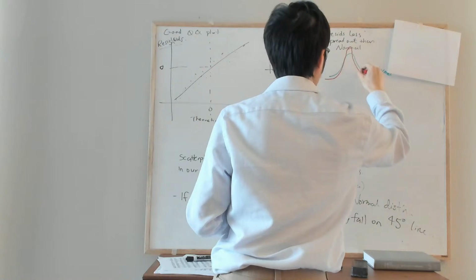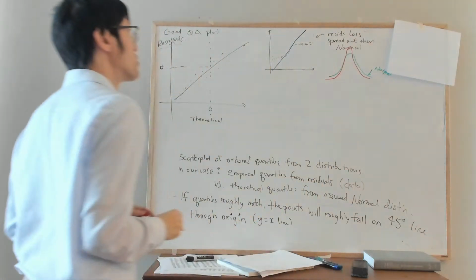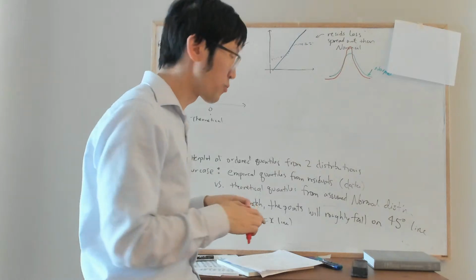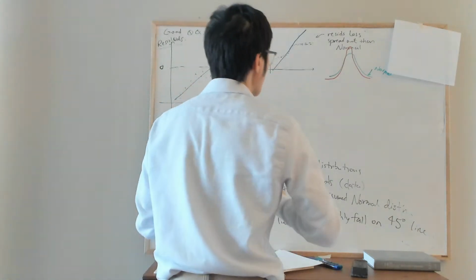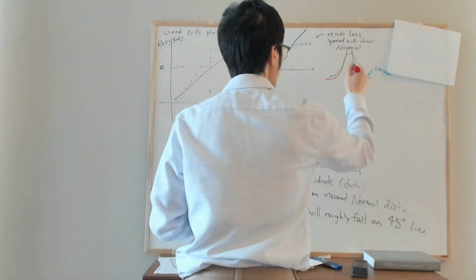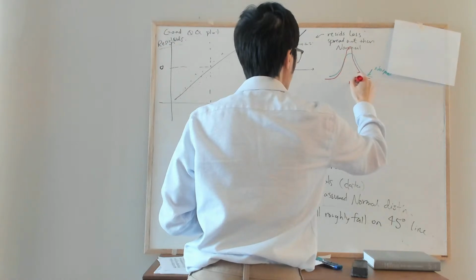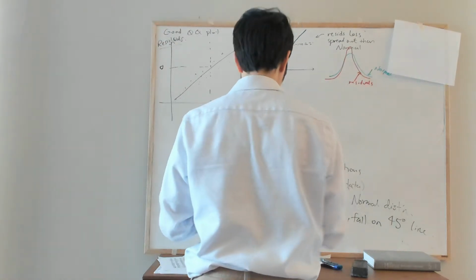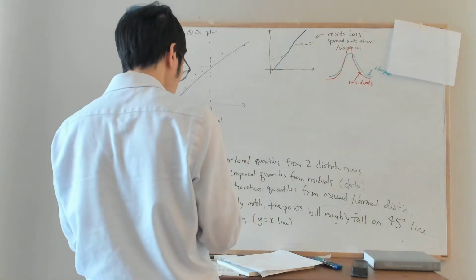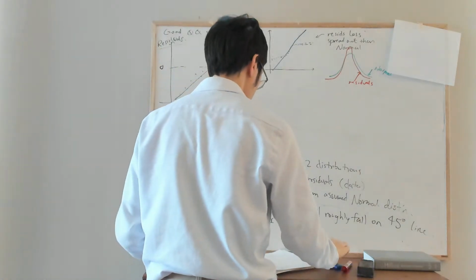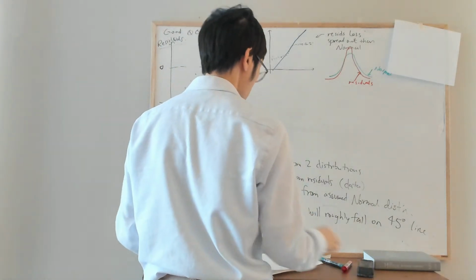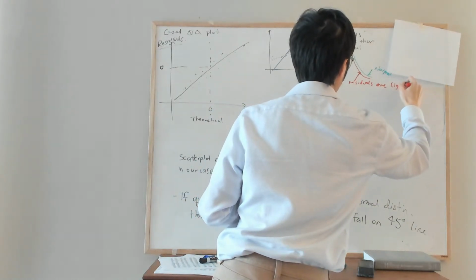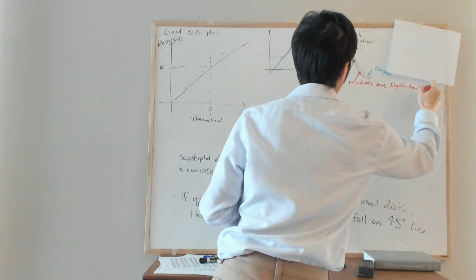So you have more residuals in the center of the distribution, and the tails are lighter. The red here would be the residuals. So this is an example of what we call light tailed.